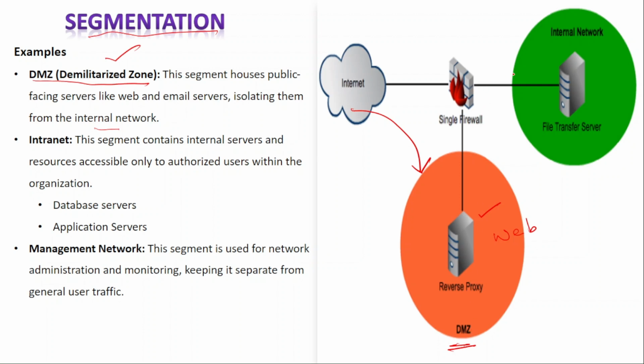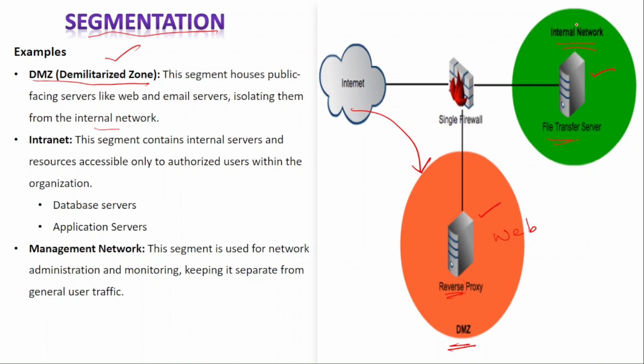And this is separated from your other internal servers and internal network. So this helps the security of the internal private network, because only your DMZ servers are accessible from the external network, and even if they are compromised, your internal network won't be breached.